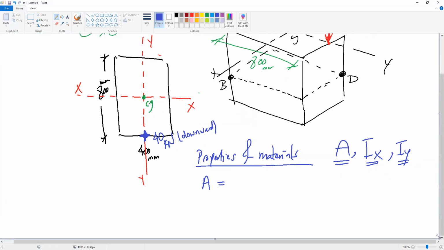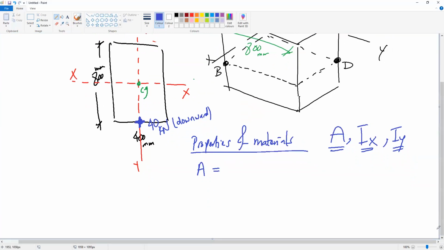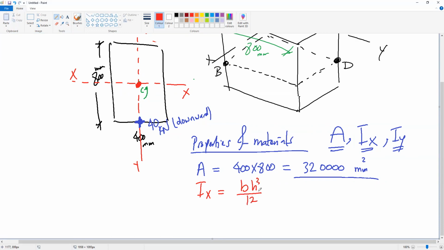It is a rectangular cross section, so A will be 400 times 800 millimeter. So it will be 320,000 millimeter to the power 2. So this is A. For IX, here the centroid of the shape is the centroid of the whole shape. So IX will be BH to the power 3 divided by 12.